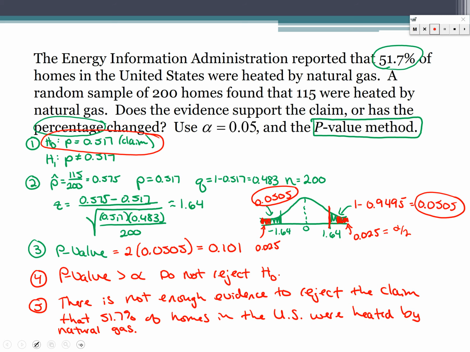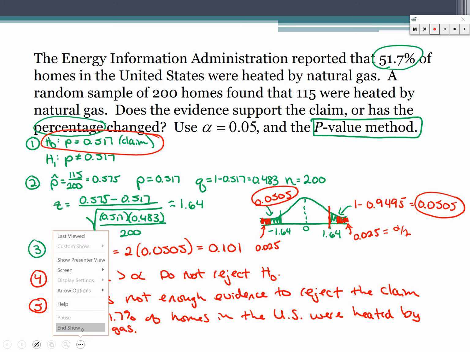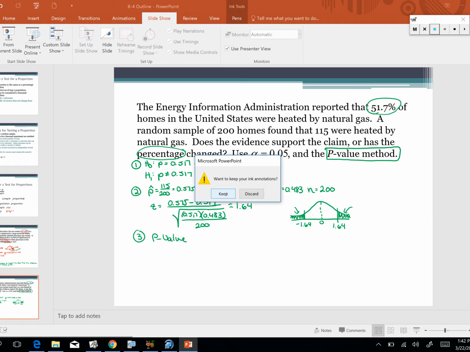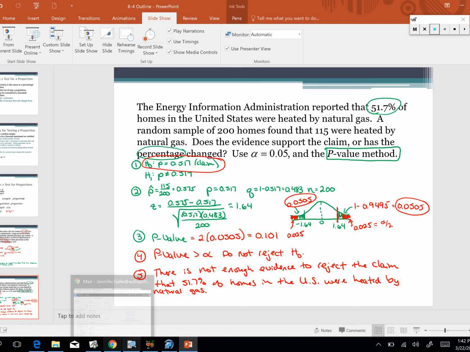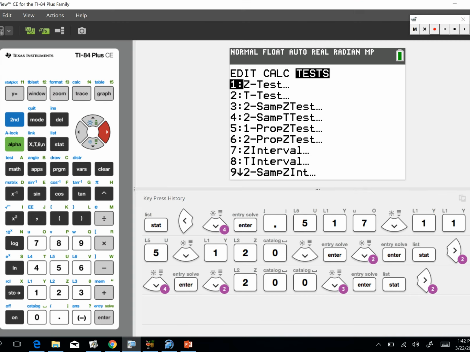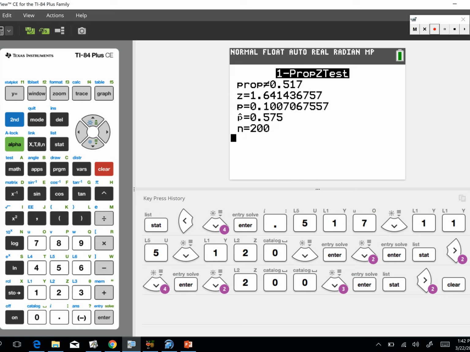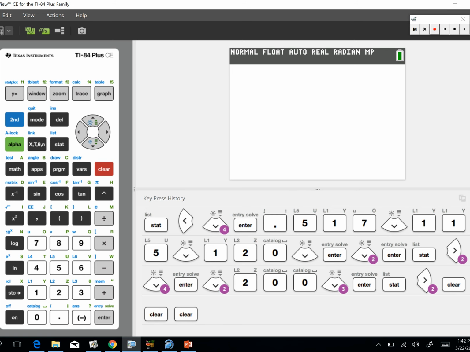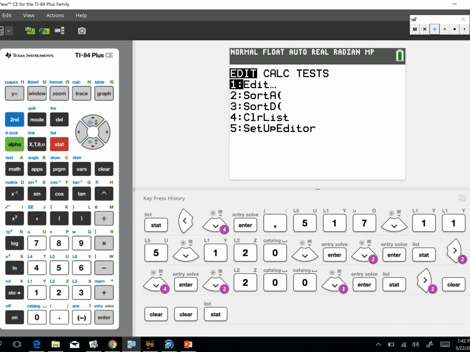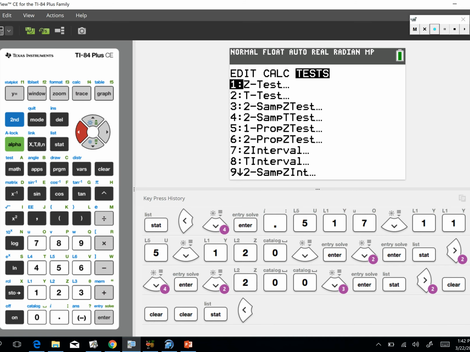So let me finish today by showing you where to find this on your calculator. Go to Stat, and I'll just do this for the last example. Tests.